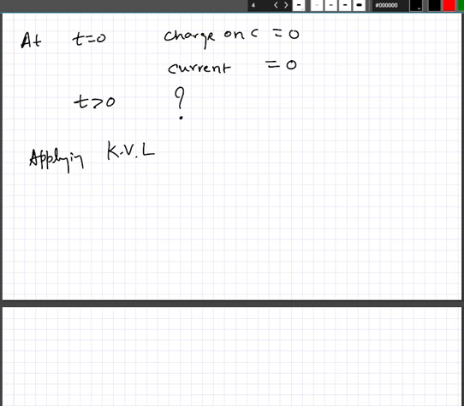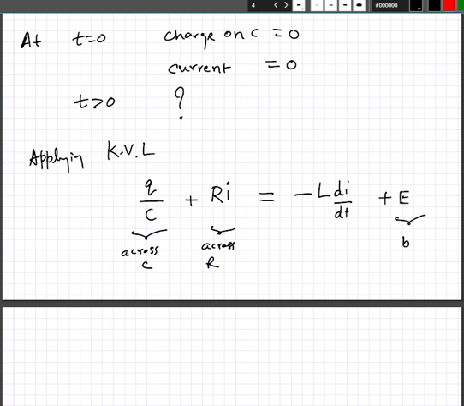Applying Kirchhoff's voltage law, the potential difference across the capacitor is Q by C plus Ri across the resistor is equal to minus L di by dt plus E. So this is the battery EMF, and this is the self-induced EMF.